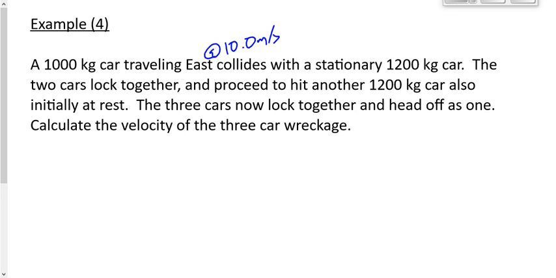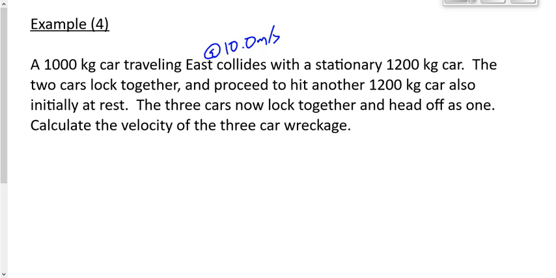Now, bear with me for a second on this. This sounds complicated, but it's really not that complicated. Lots of people, if they saw this problem on a test for the first time, would say, we've got 2 collisions here, right? You do. Car 1 and car 2 collide with each other, and then they stick together, and then car 1, 2 collides with car 3.